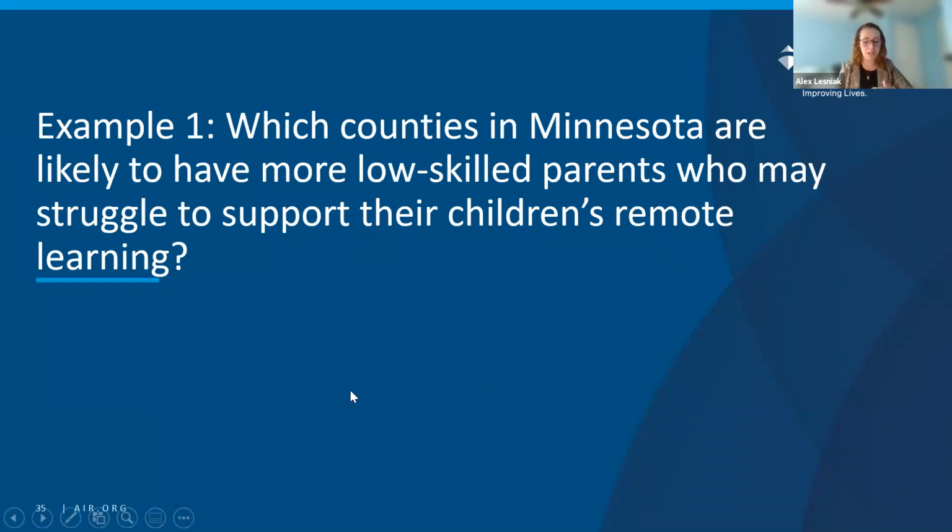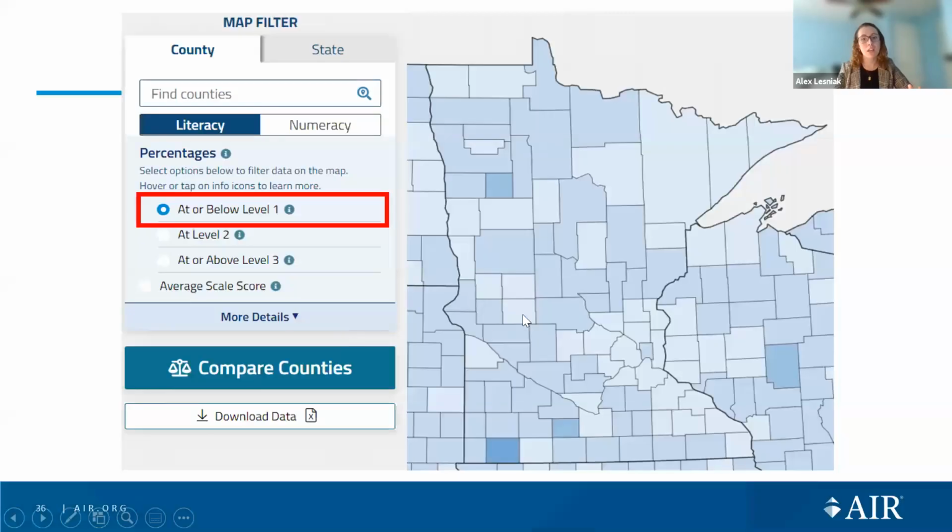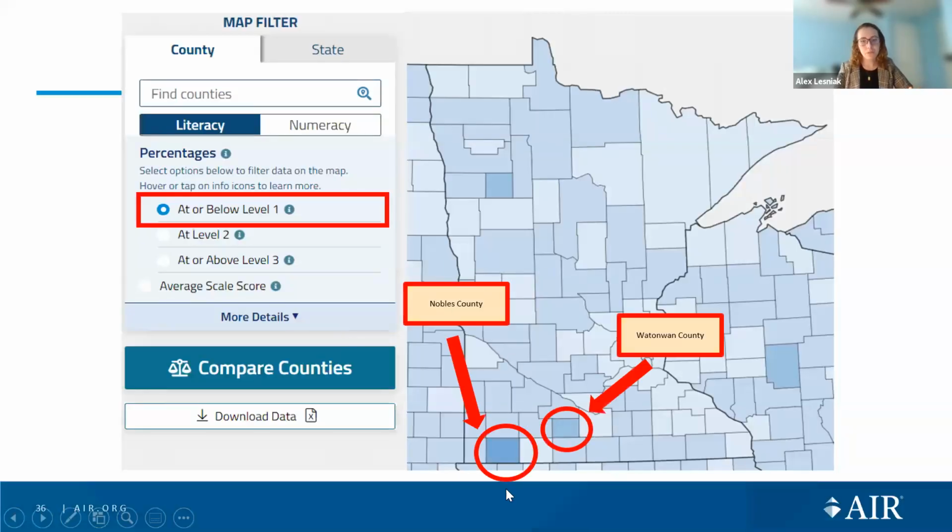So to answer this question, we are going to locate the lower performing counties in Minnesota using the map. I will show you in a second. It'll be by the proficiency coloring. And we will select one of the counties and locate the percentage of adults at or below level 1 in literacy and numeracy. So as you can see here, the darkest counties at or below level 1 in literacy, you do not have a lot in the state of Minnesota.